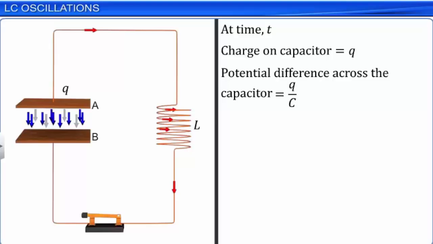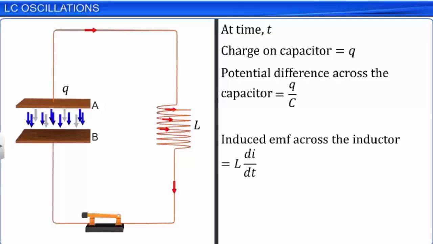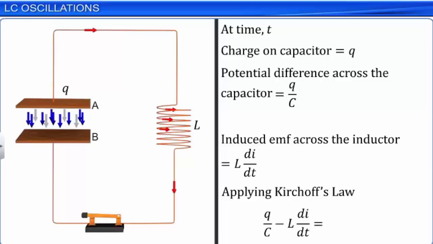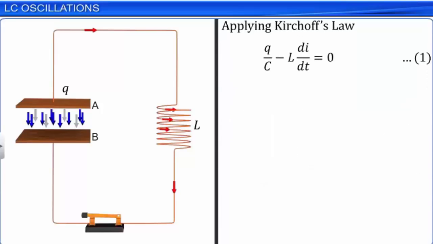The induced EMF across the inductor is L dI/dt. By applying Kirchhoff's law for the circuit, we get Q/C minus L dI/dt is equal to 0. Let this be equation 1. As the charge Q on the capacitor decreases, the current in the circuit, dQ/dt, becomes negative.